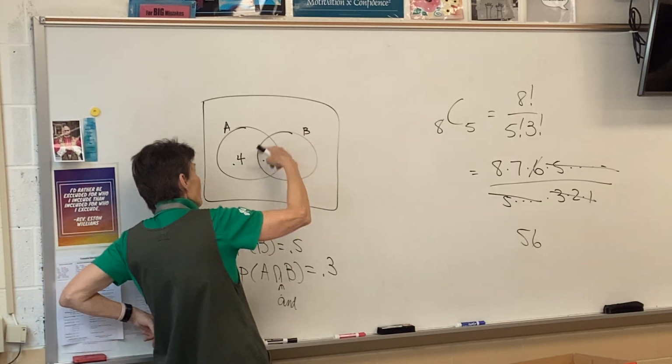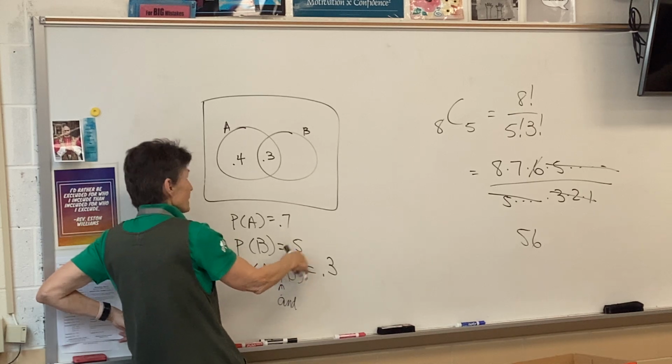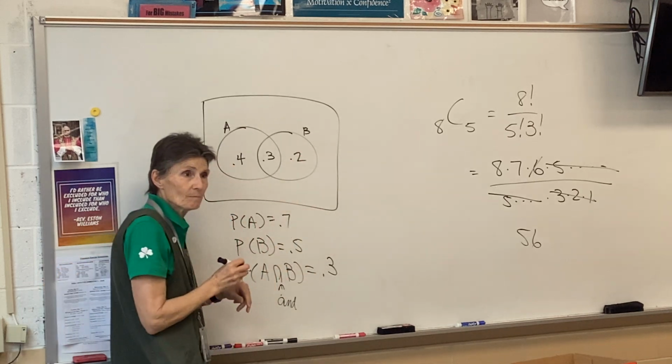And if the whole banana ball is 0.5, this must be 0.2.